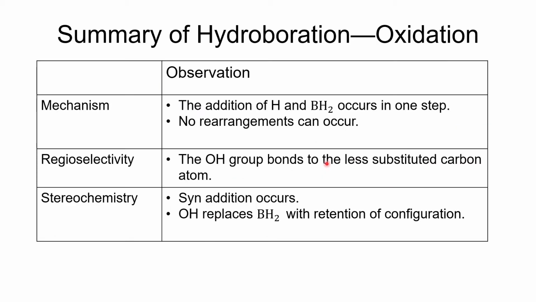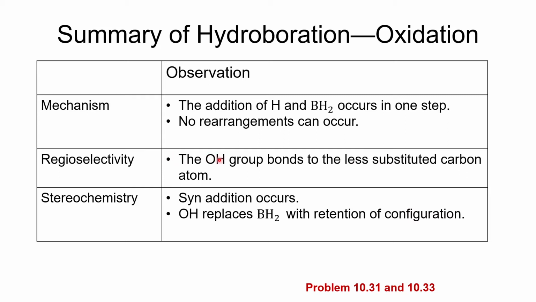All right, so here is our summary of hydroboration followed by oxidation. First of all, the addition of hydrogen and BH2 across the carbon-carbon double bond is concerted. It is a one-step process, and that means that no rearrangements are allowed to occur. And then with the oxidation, if you have a stereogenic center at the BH2, the OH replaces it with retention of that configuration.